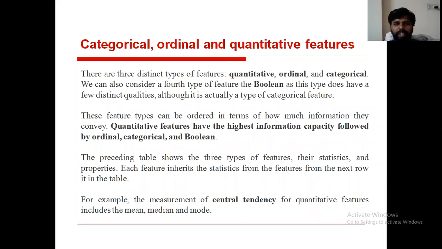And the next one is types of features. Here, features are classified into 4 types. But initially, these features are considered as 3 types. Those are called quantitative features, ordinal features, categorical features. I will explain each and every feature. And there is another type of feature called Boolean feature.